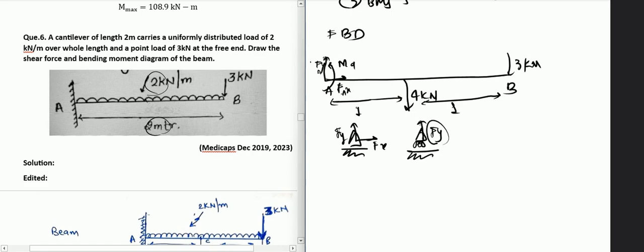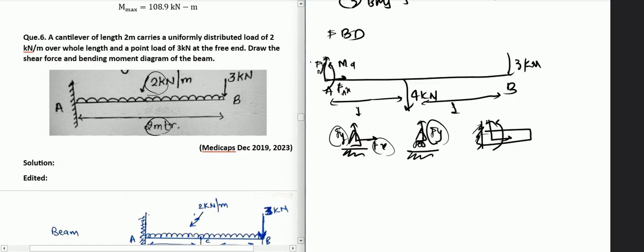So there is only one unknown force here and 2 unknown forces there. But whenever there is a fixed support, there will be 3 unknown forces. So this is a fixed support. There will be a horizontal force and a vertical force as well as an unknown moment. So these are the support reactions according to the different types of supports.